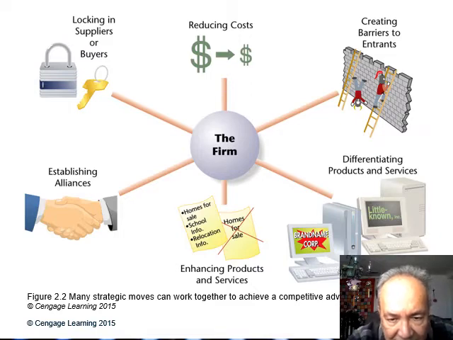Reducing cost, creating barriers for other businesses to enter the market, differentiating products and services, enhancing products and services, better customer service, establishing alliances, locking in suppliers or buyers, so that the suppliers will be contracted only to you, and you also have a contract that the buyers will only buy from you.